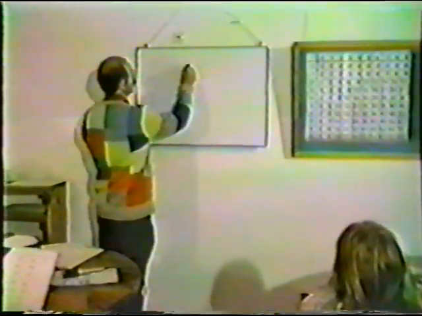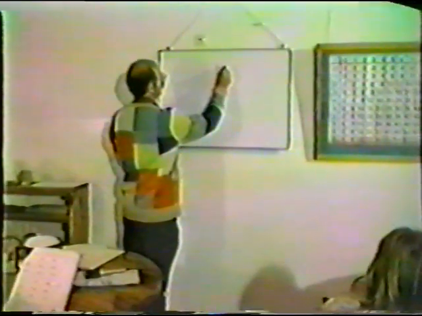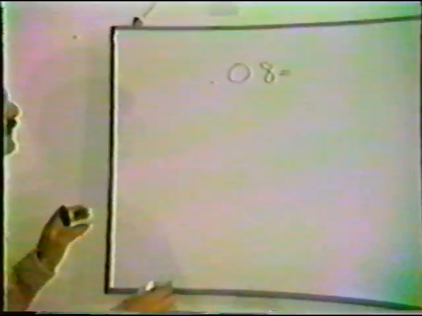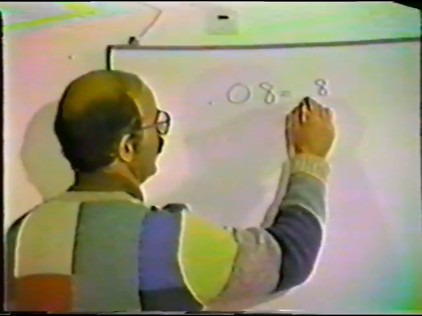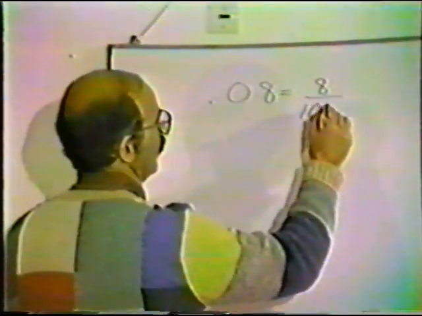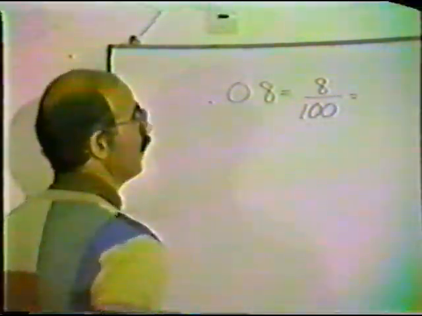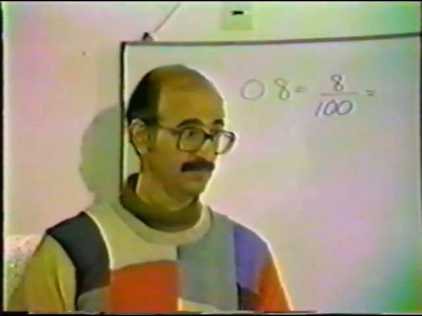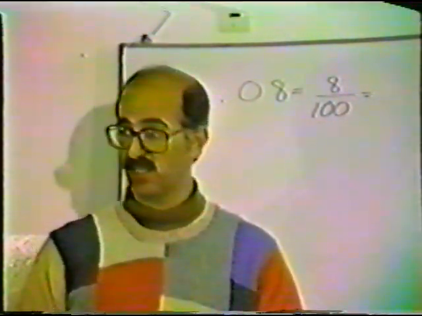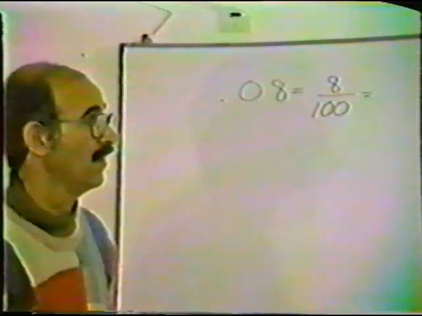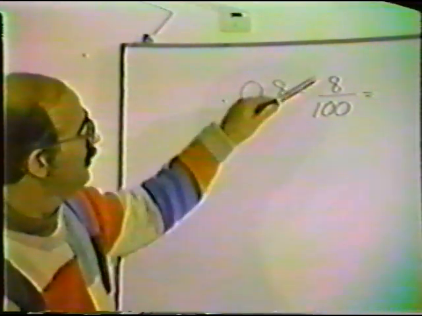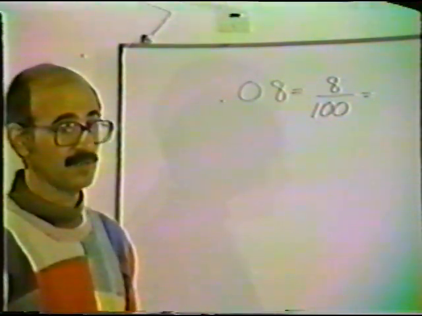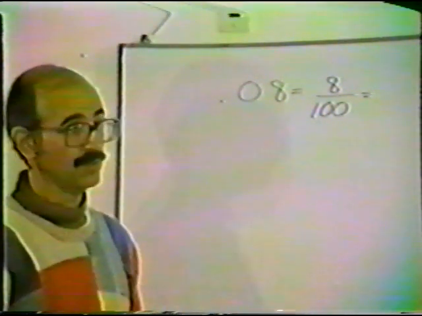Point 08. Read that. 8 hundredths. 8 hundredths. What can we hit that with to reduce it? 4. Some say 2, some say 4. Yes, we can hit it with 2 because both top and bottom are even numbers. But we can also use 4.